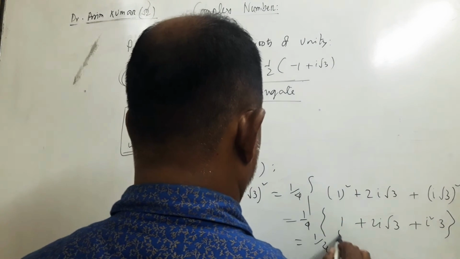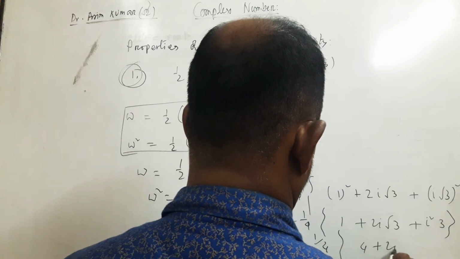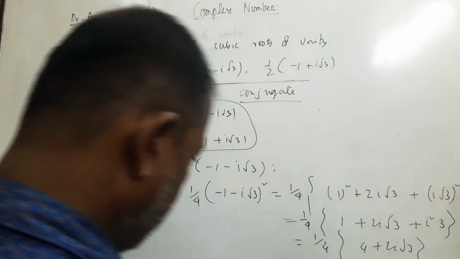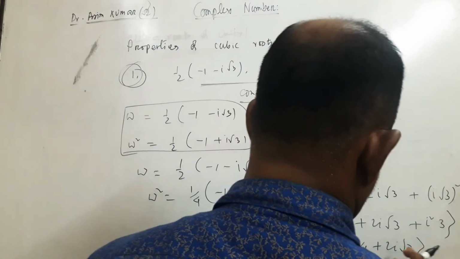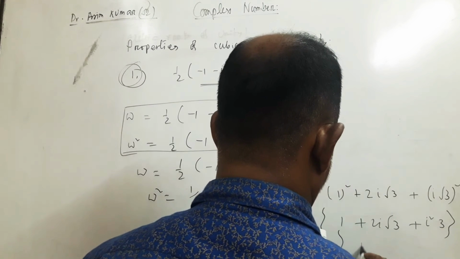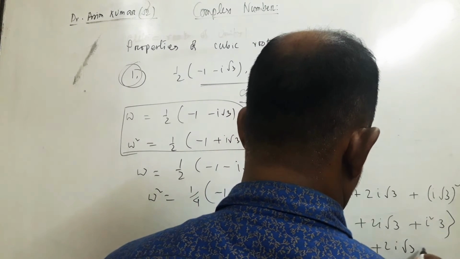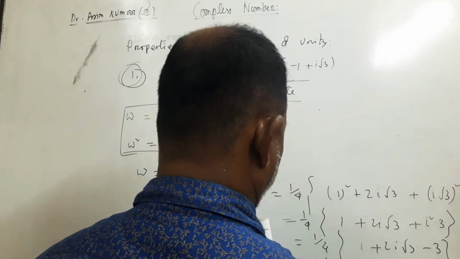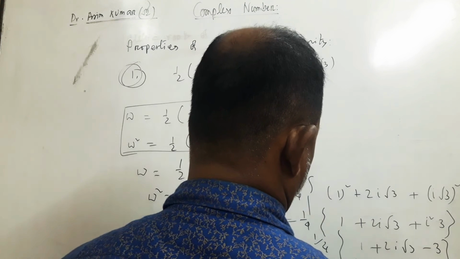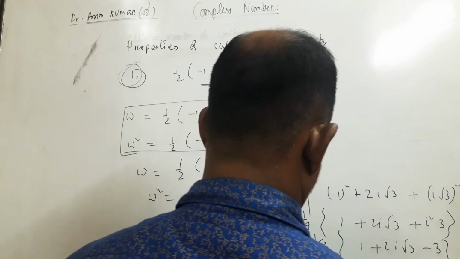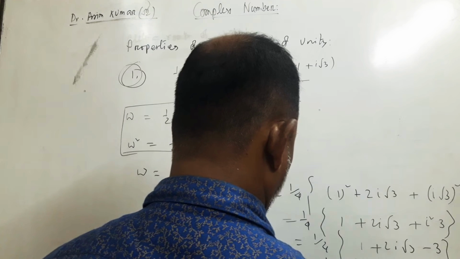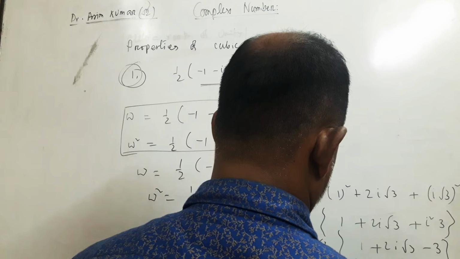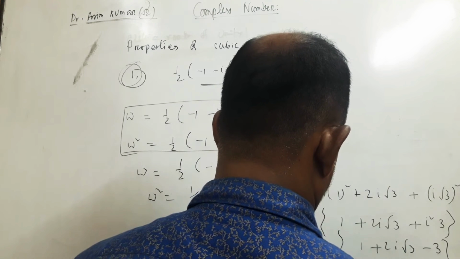Then 1 by 4 into (1 plus 2i root 3 minus 3), which equals 1 by 4 into (minus 2 plus 2i root 3), which is 1 by 4 into 2 into (minus 1 plus i root 3).